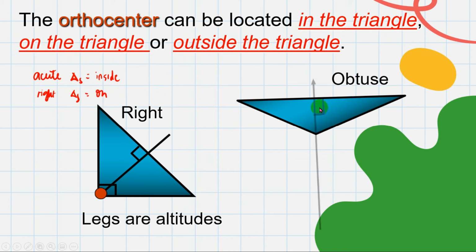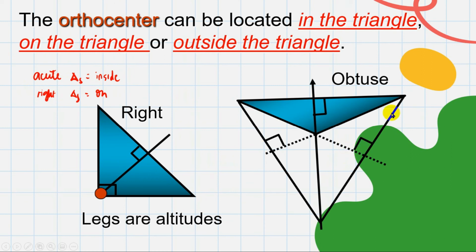And kapag obtuse, again, e-extend tayo nung dalawang sides para lang mahanap yung kanyang altitudes at ang magiging orthocenter po ay nasa labas na, outside the triangle. Again, kapag obtuse triangles, ang orthocenter ay outside the triangle. Okay? So, malinaw po ba?